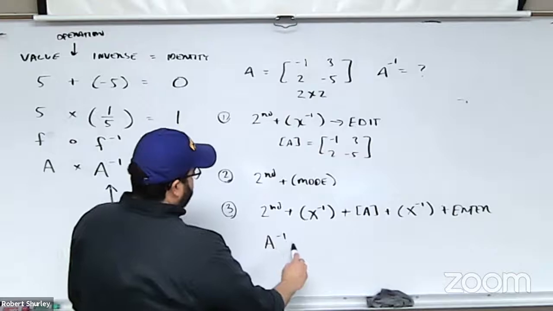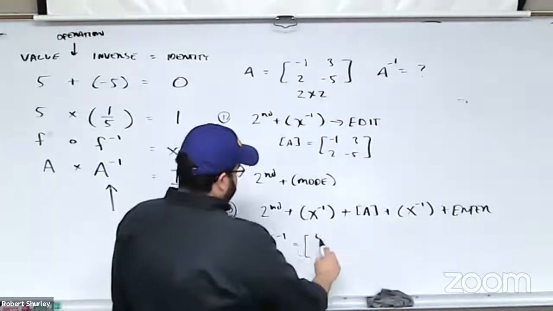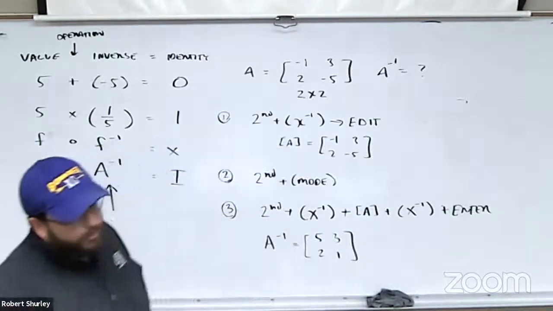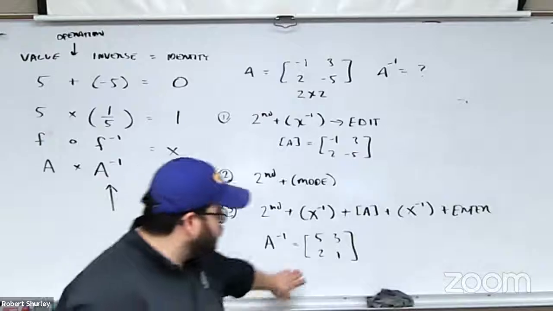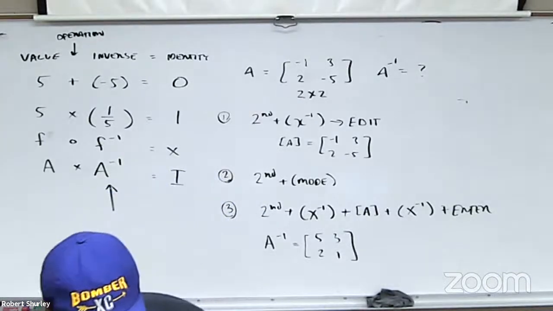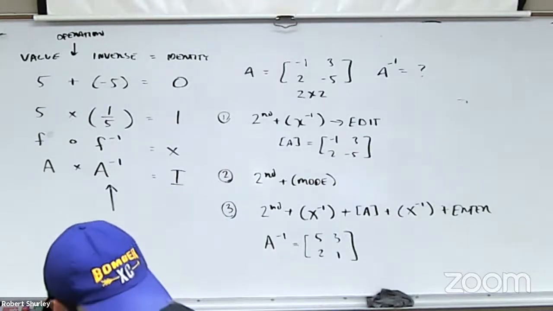So our inverse matrix is 5, 3, 2, 1. That's what your screen should have on it right now.